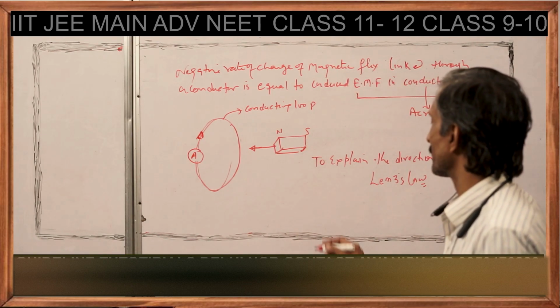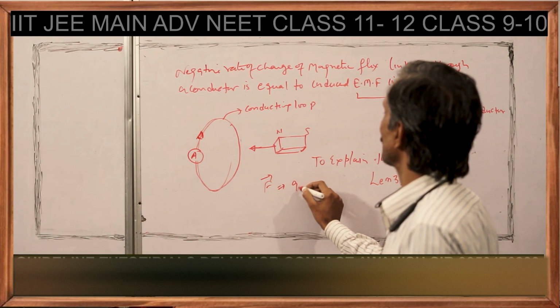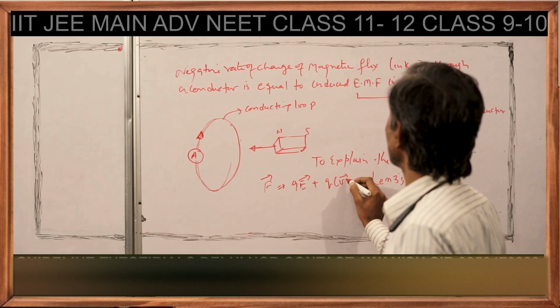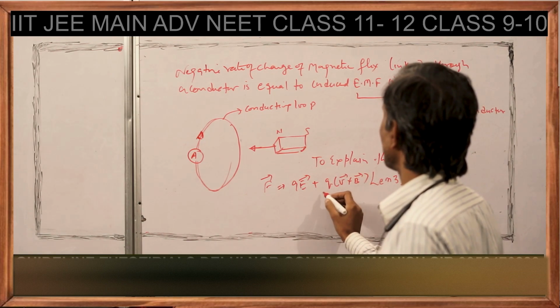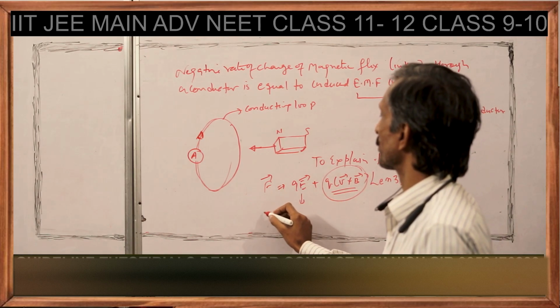The concept is very simple. We know the Lorentz force is Q V cross B. To avoid the force, the net force becomes zero.